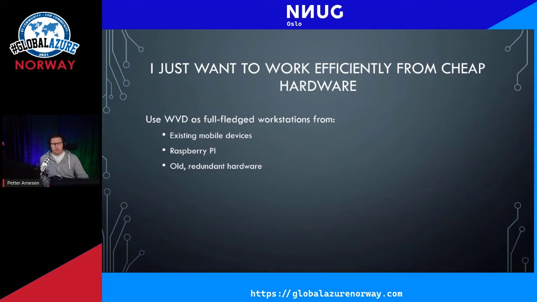If you're going with the Raspberry Pi way, you might want to take efficiently out of the equation, because you would be forced to work in the browser only, and that might not be efficient, but still every mobile device you have or old hardware would be nice to be used for working rather cheaply.